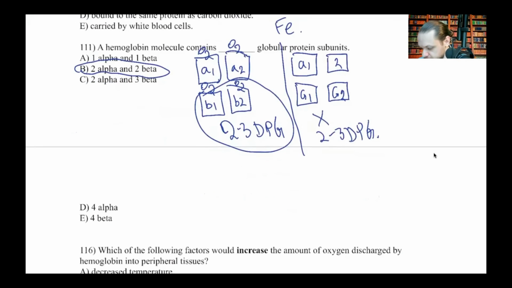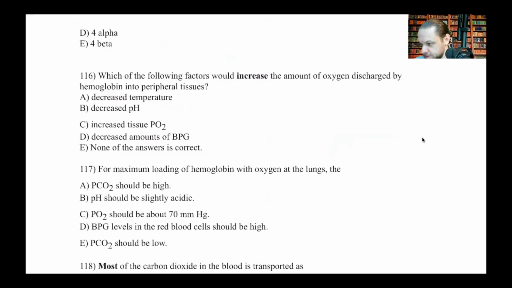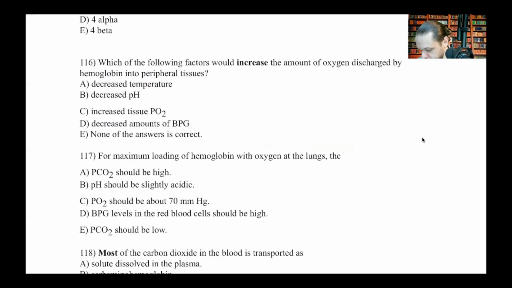So that's good. We'll do number 116. Let's do Brenda. Which of the following factors would increase the amount of oxygen discharged by hemoglobin into peripheral tissues?